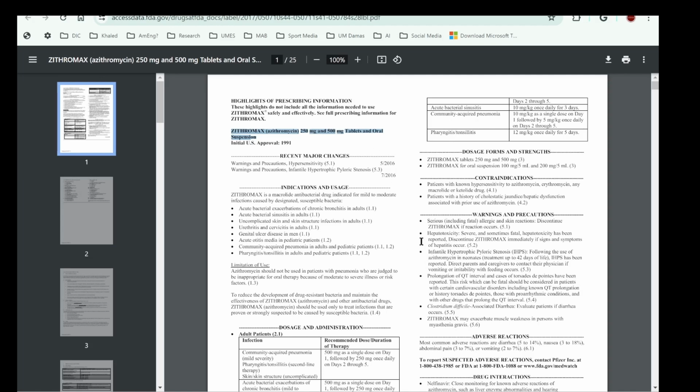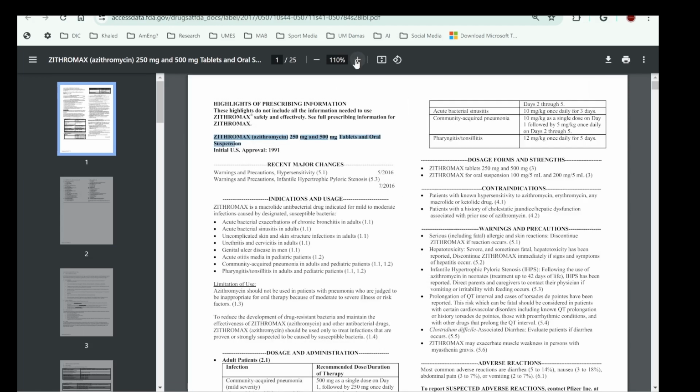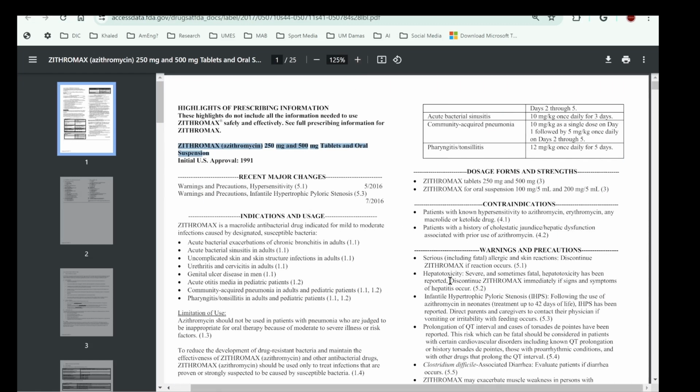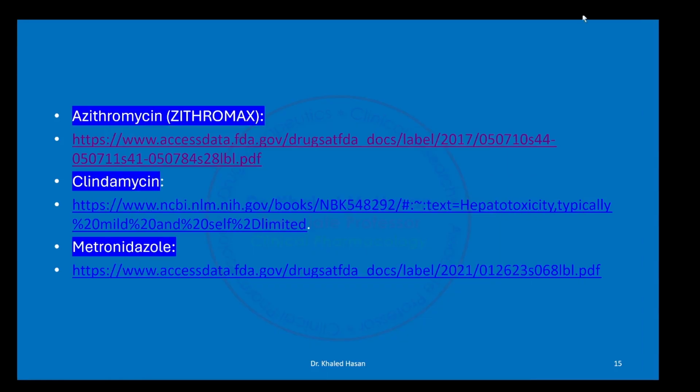If we maximize it a little bit about Zithromax, we can share some of this. For example, here we have hepatotoxicity, severe and sometimes fatal. Hepatotoxicity has been reported. Discontinue Zithromax immediately if there are signs of hepatitis. So Zithromax or azithromycin may cause hepatitis. This is number 1, and those need to be adjusted.